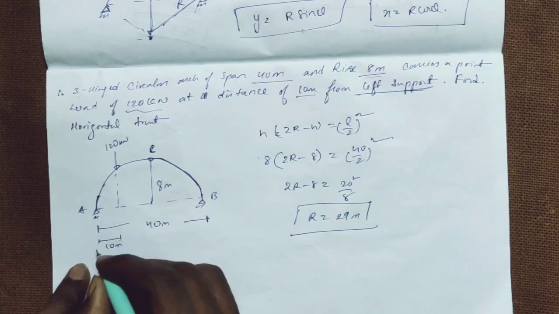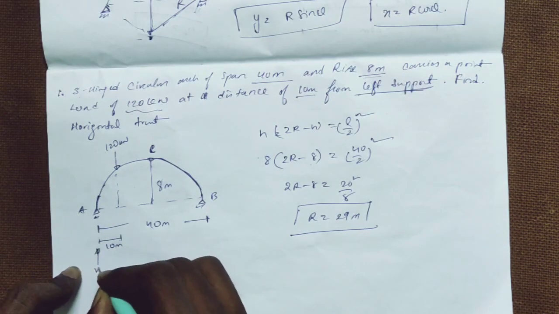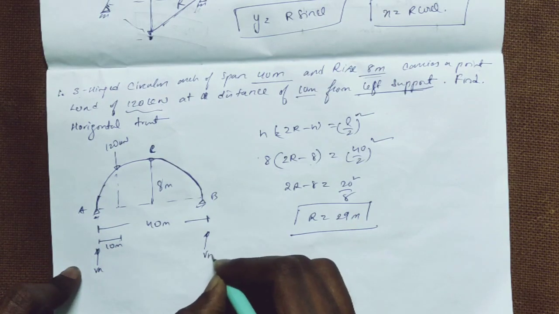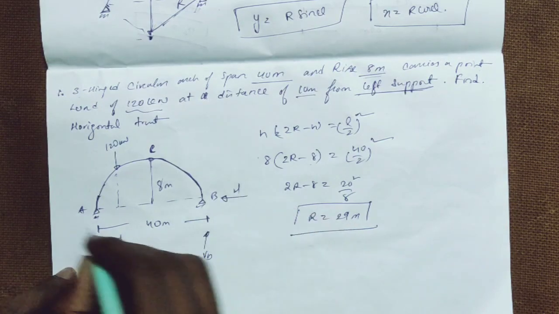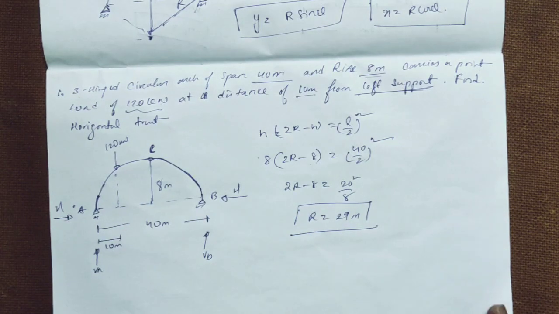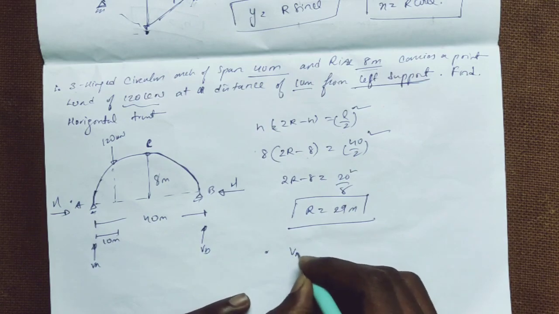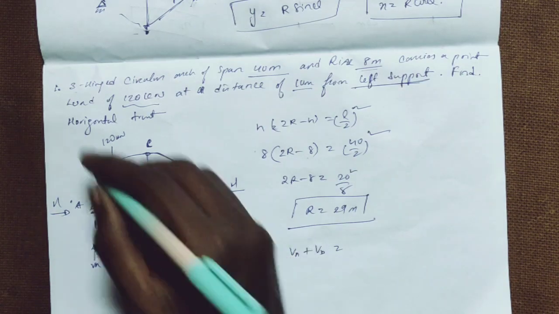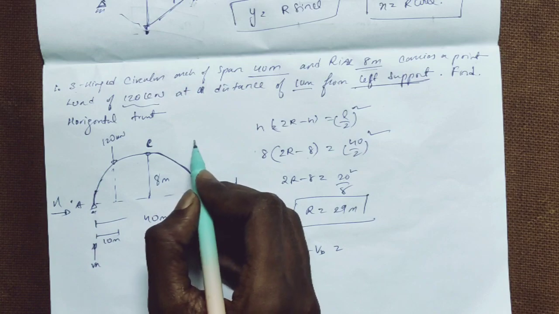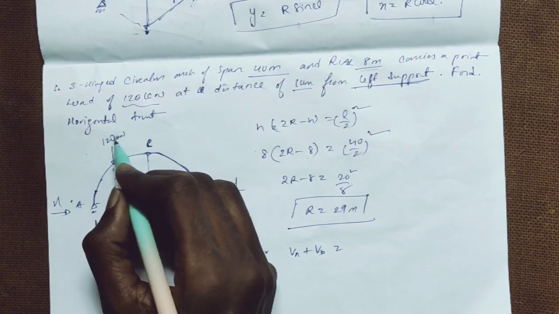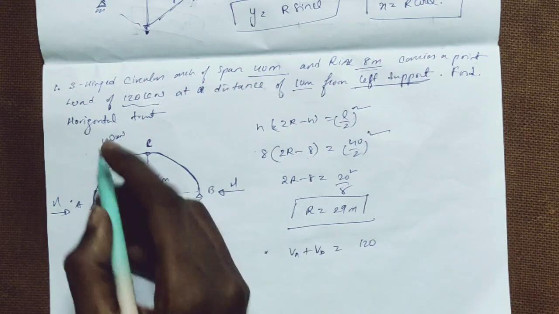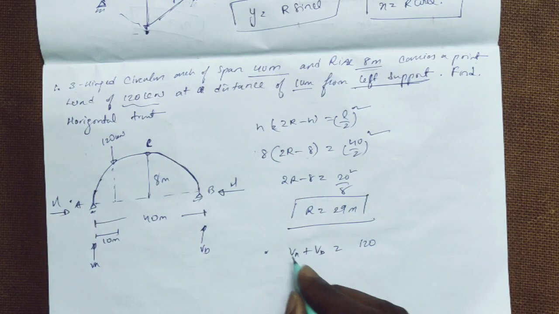Now we want to find VA, VB, to find H. Firstly we can write VA plus VB is equal to 120 kilonewtons, right? And there is no other force, so we can write this.